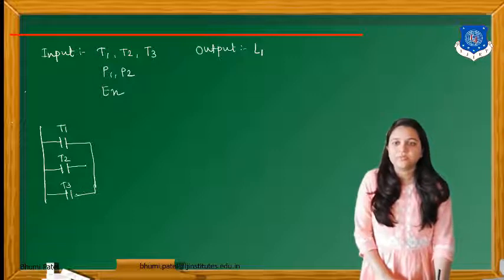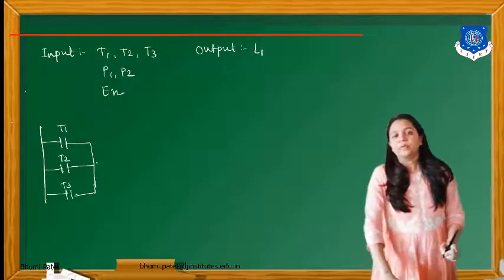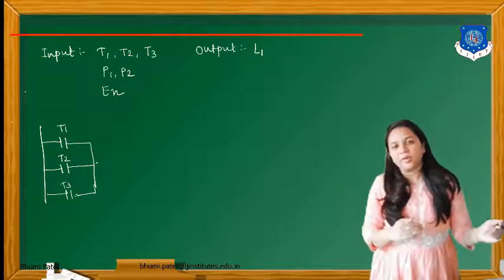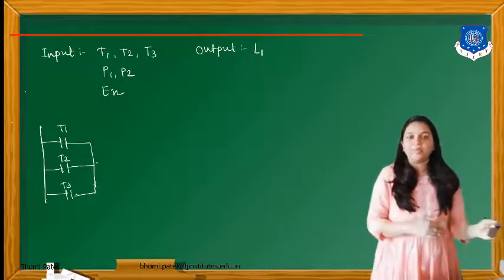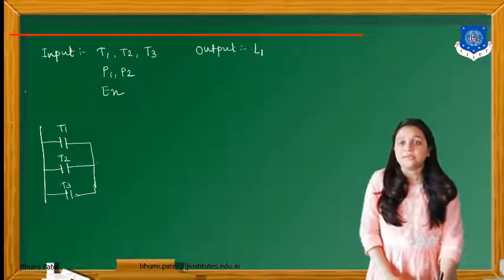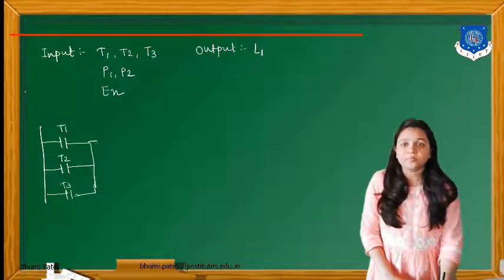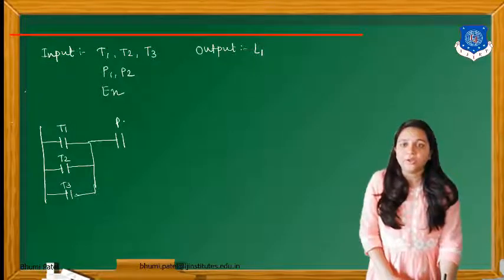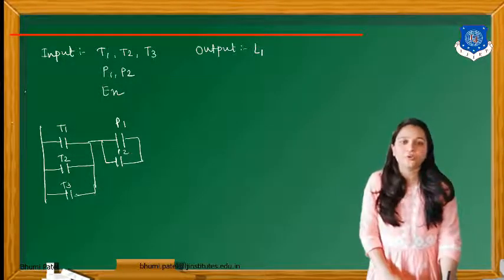So this is the first condition. If T1 is on, lamp will be on. If T2 is on, lamp will be on. And if T3 is on, lamp will be on. The second condition is any one of the pressure sensors should be on. So again we can put the pressure sensors in parallel connection. If any one is on, the output should be on.